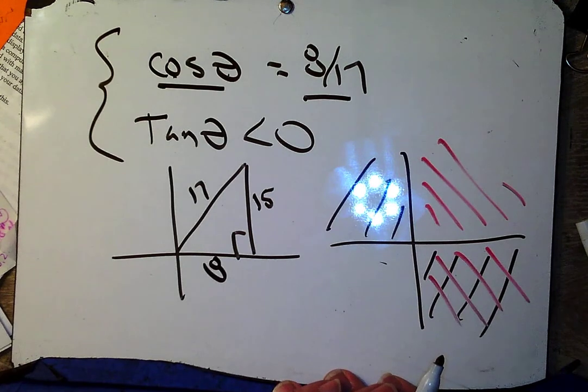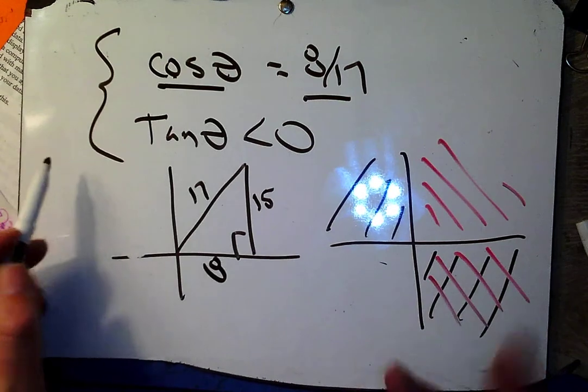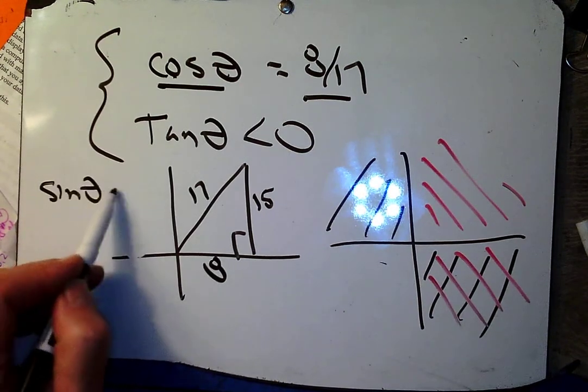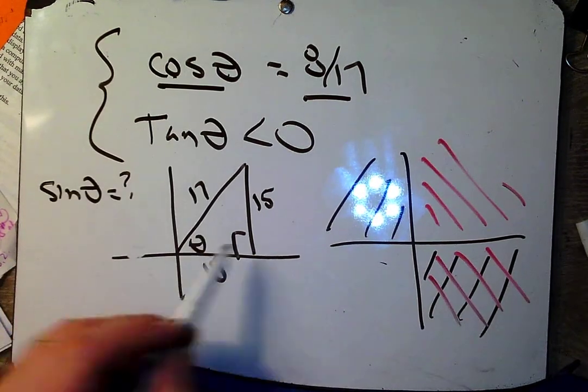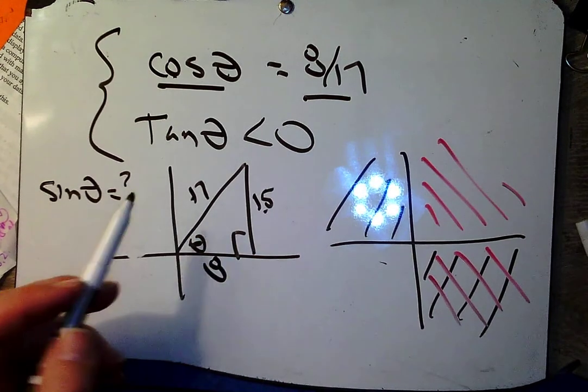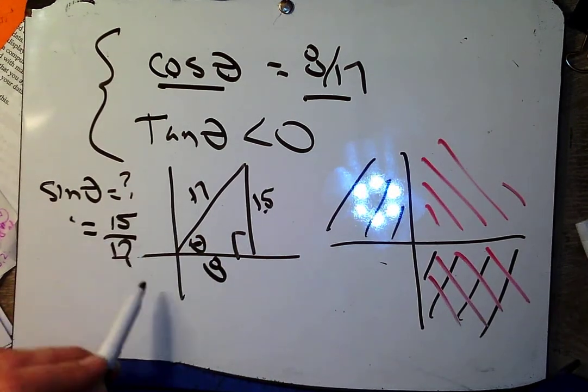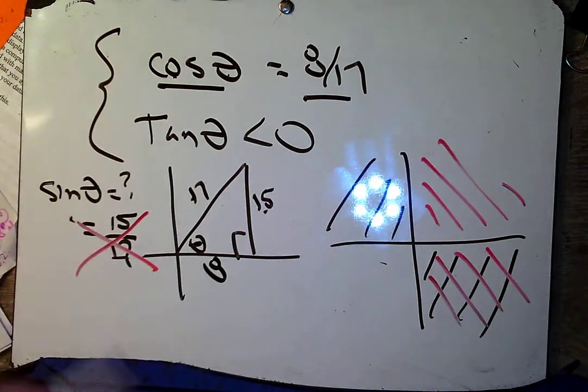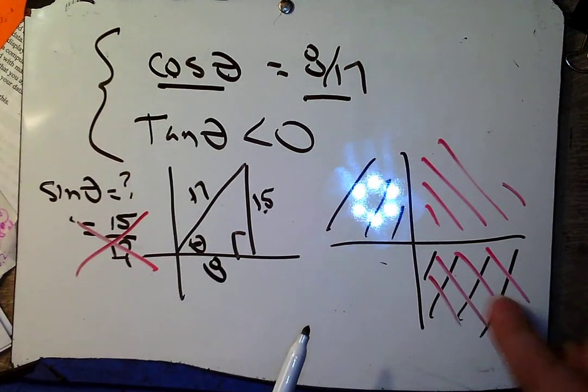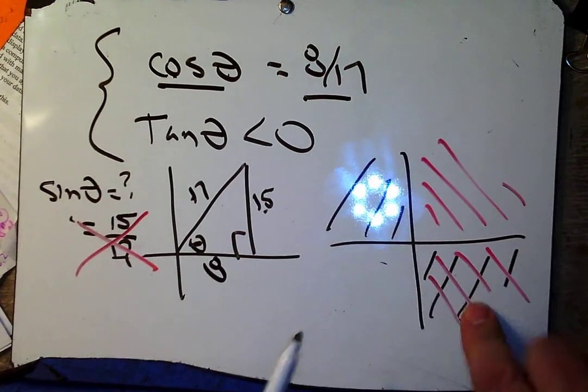Guess what? That's not going to be our answer, is it? If they ask me, what's the sine of theta? I'm going to say opposite over hypotenuse, 15 over 17, and then the teacher's going to mark it wrong. How come? Because I have to be in this quadrant.